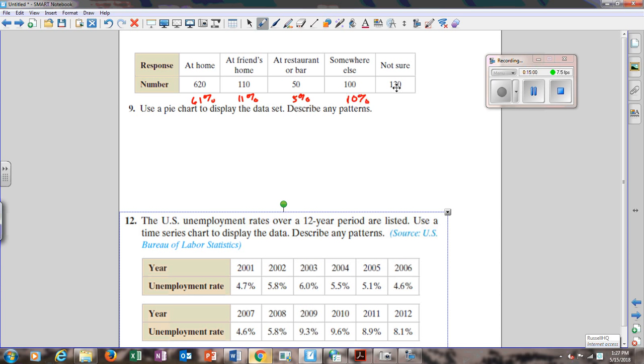And then 130 divided by 1010 gives you 12.8, so about 13%. And then you would just do a circle and figure out your angle measurements. Like I said, I'm not going to make you do that. One of these questions is not even on the test.